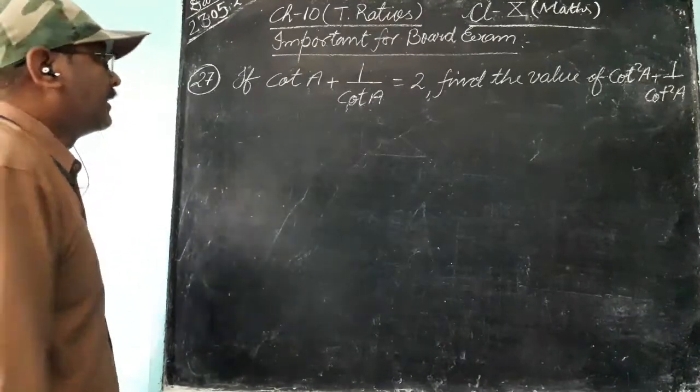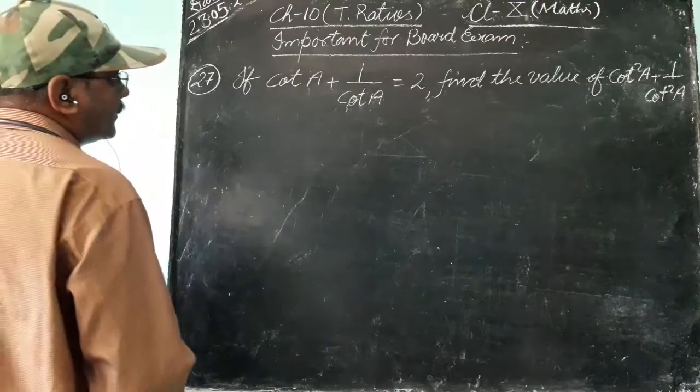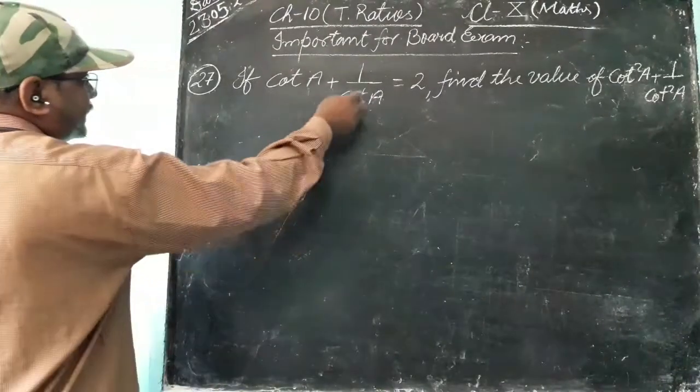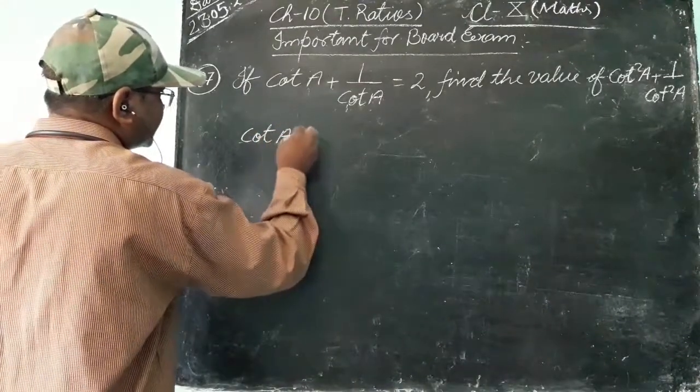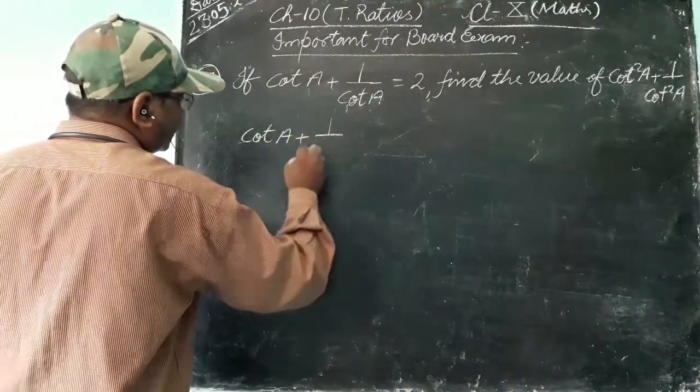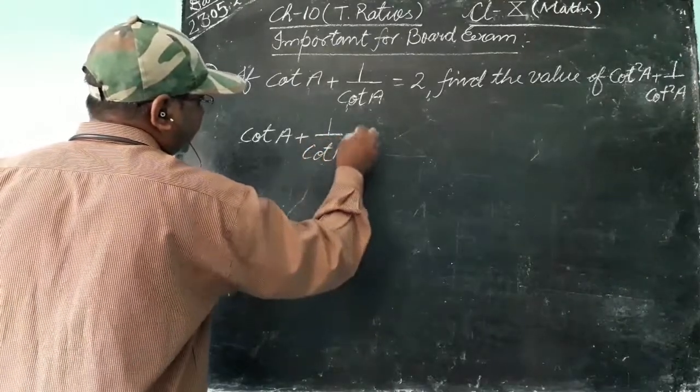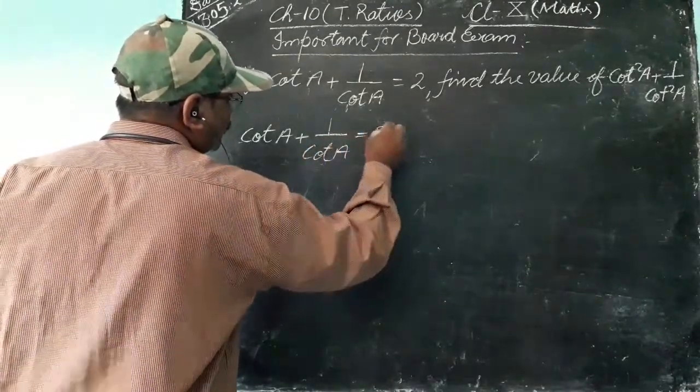So first of all, you write the given: cot A plus 1 upon cot A is equal to 2. Clear?